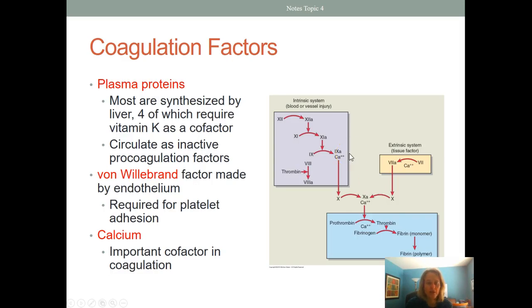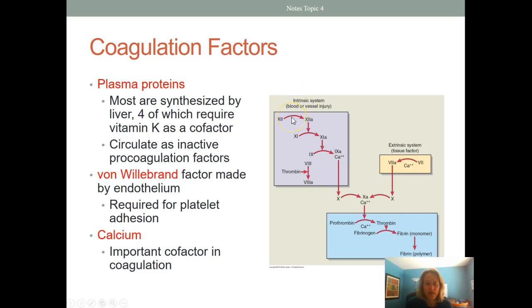There's a variety of things that are involved in coagulation. So we need these plasma proteins, these clotting factors. Most of these are synthesized in the liver, and at least 4 of these require vitamin K as a cofactor. So this is important when we talk about coagulation disorders in, say, liver disease.